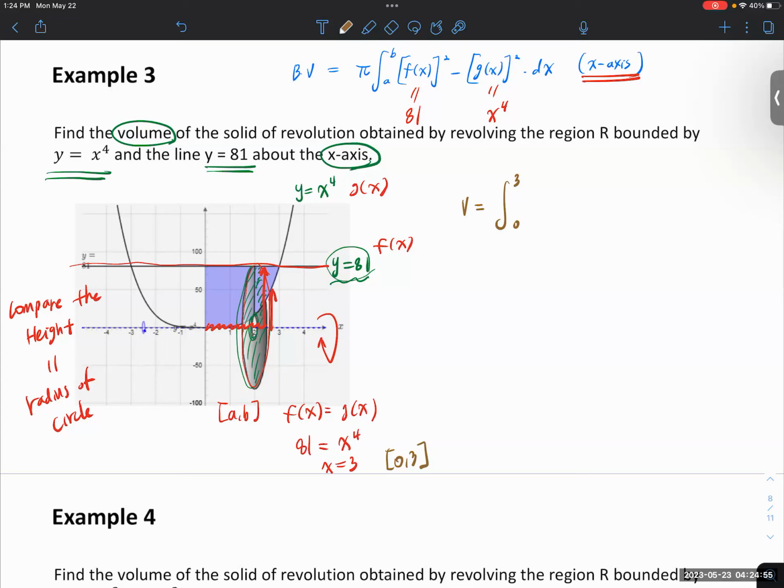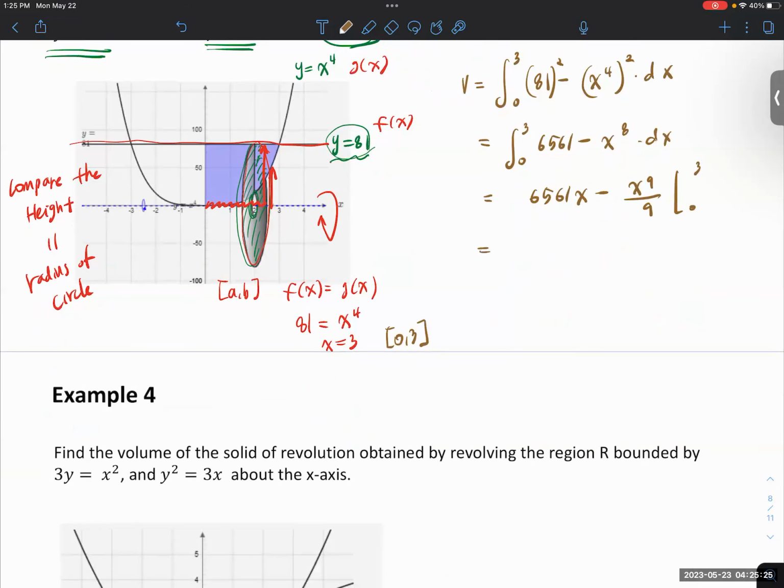The larger one is 81 squared minus x to the 4 squared, dx. So you take the integral from 0 to 3 of 81 times 81, ooh, it's a big number, minus x to the 8, dx. Take the integral: 6561x minus x to the 9 over 9, from 0 to 3. It's a little bit of an ugly number.